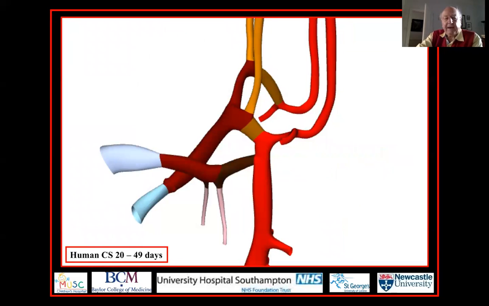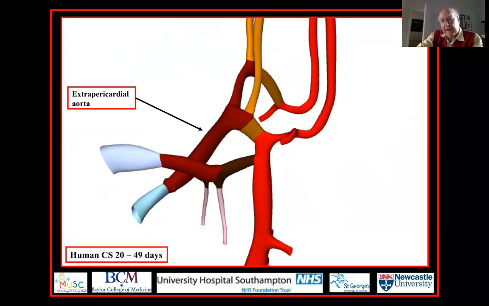So here at Carnegie stage 20, we are more or less into the postnatal configuration. There are still changes to be made, but now I can show you what has happened to produce essentially the postnatal configuration.